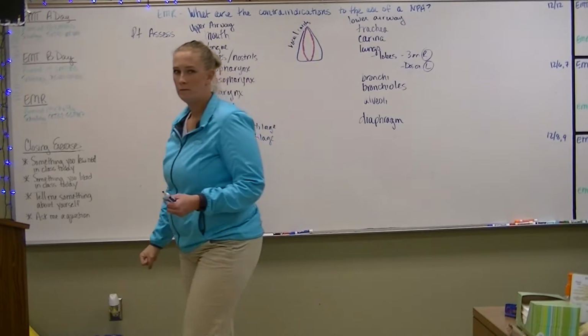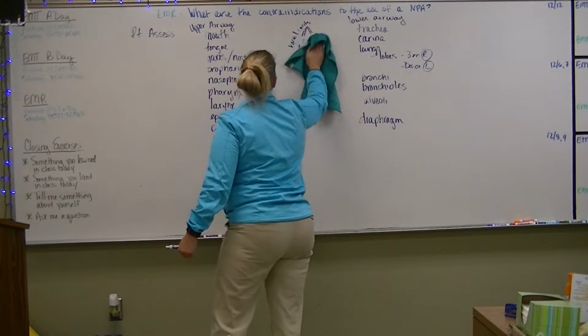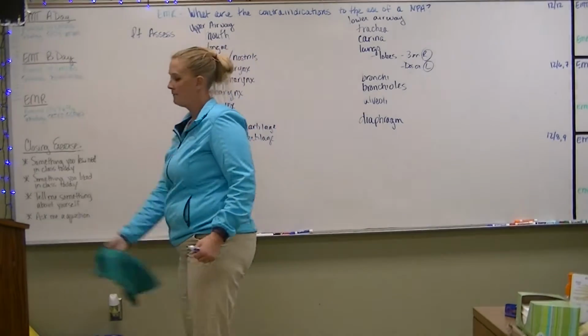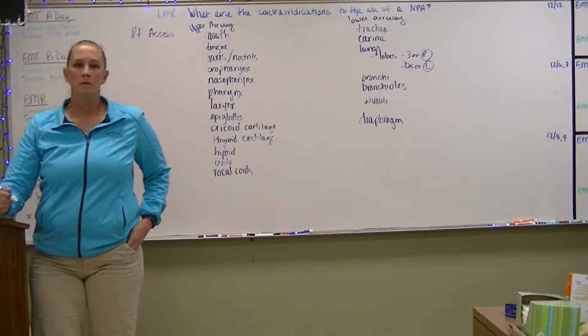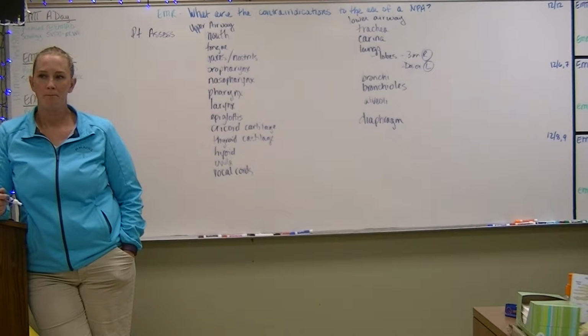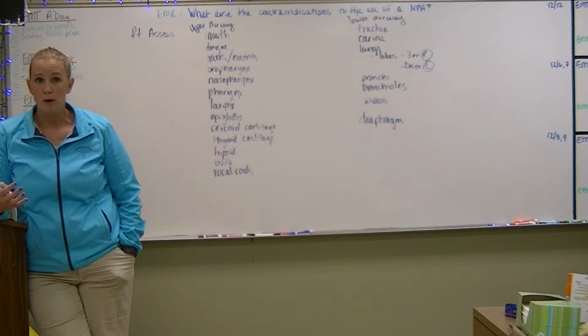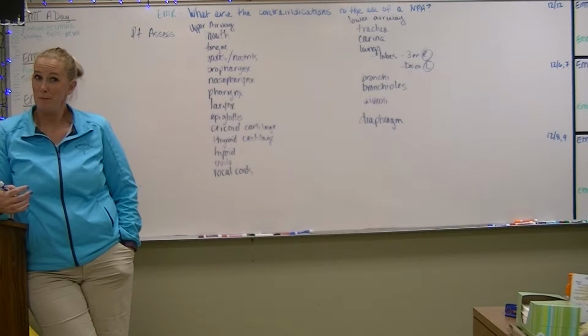Okay, so why do we divide our airway into upper and lower? Because respiratory things affect them differently. Why else? You're not wrong. You are correct. Respiratory things affect them differently.